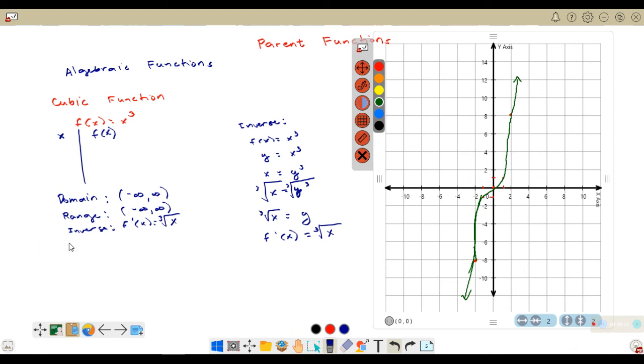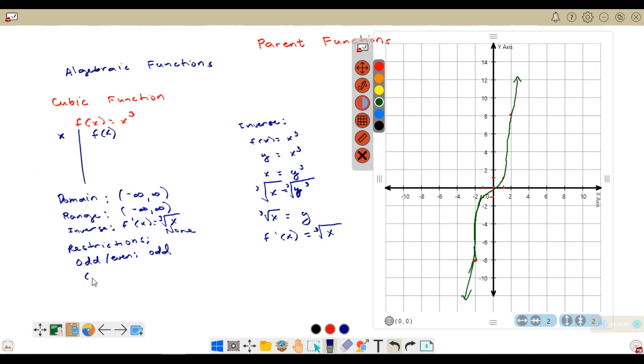Okay? Are there any restrictions? Wala. Now, let's look at the graph. Is it odd or even? So, since it is symmetric about the origin, nag-reflect siya pagdaan sa origin, then it is odd. Okay?